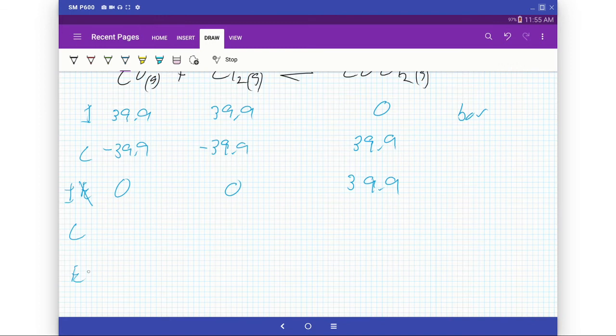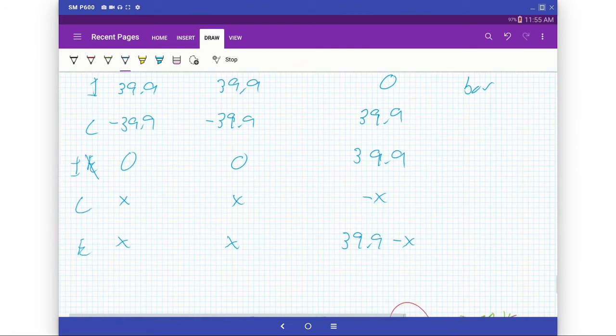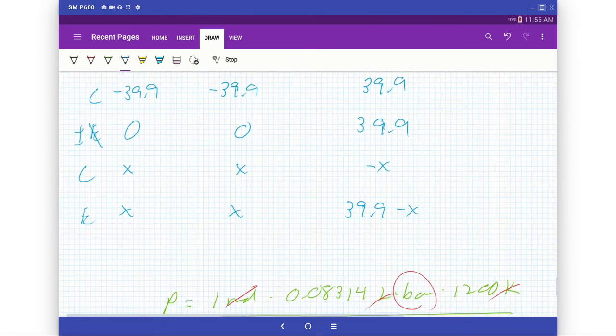And given these initial conditions, it's now x and x minus x. You have that. And that is the equilibrium values that we need to substitute in such that we can solve this system and this problem.